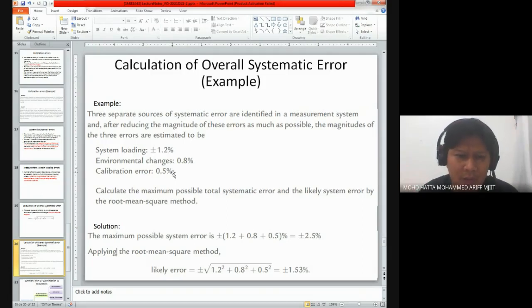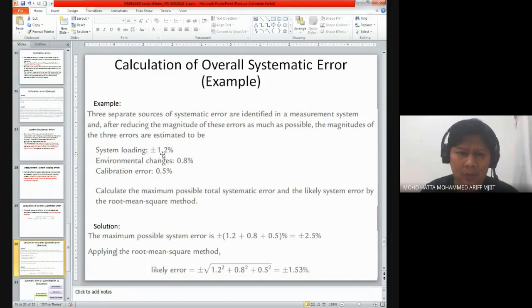After we apply some reduction technique, we try to quantify the magnitude of the errors due to system loading. We take half the value of the maximum systematic error that we calculated earlier. That's the thing I would like to highlight here. Maybe it's not available in the question, but you should keep in mind that originally, though not used in our calculation, the system loading is 2.4%.